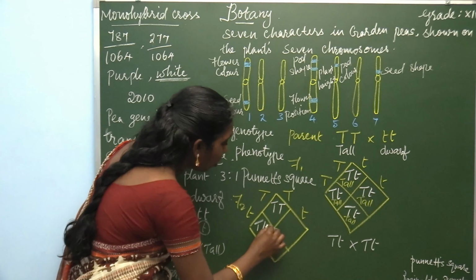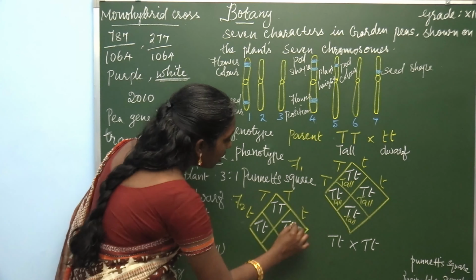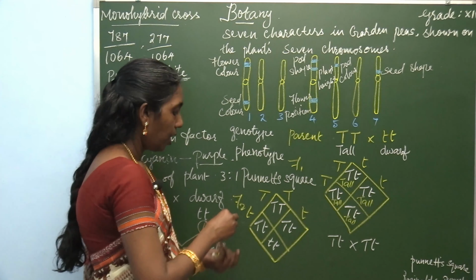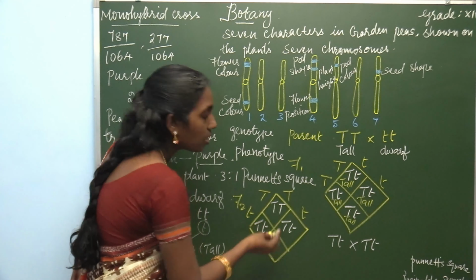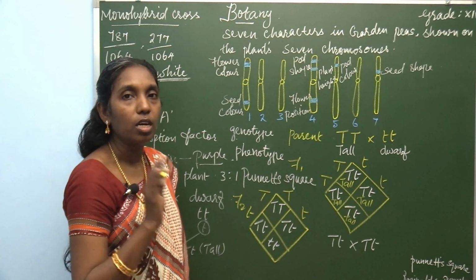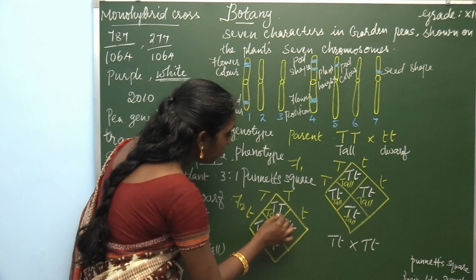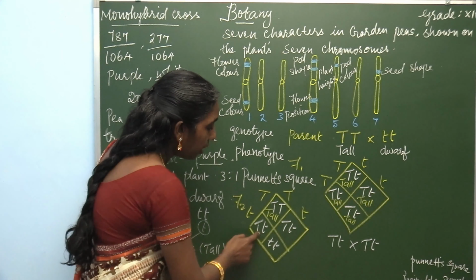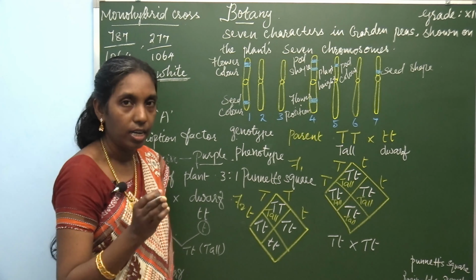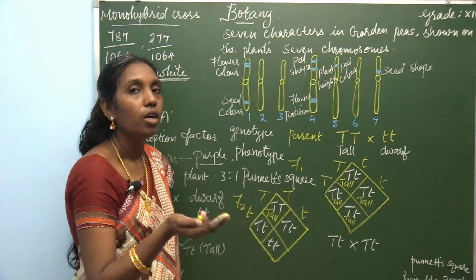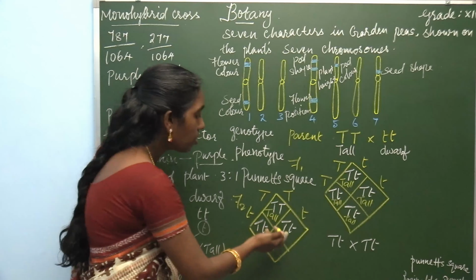Capital T small t is also tall, since capital T is dominant over small t.